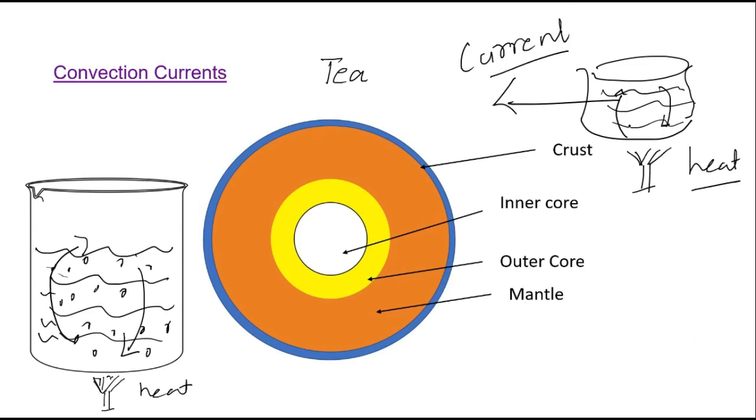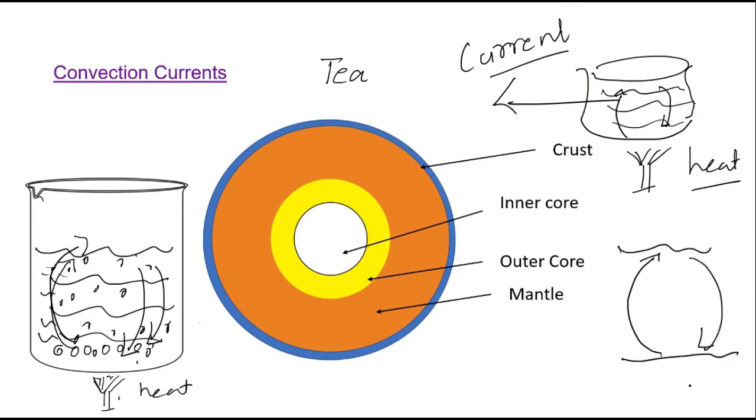What is actually happening is that the particles of water at the bottom receive heat first and move to the top, and the rest of the particles come down. So there is continuous circulation of hot water to the surface and cold water to the bottom when water is being heated. And this is what is called convection current.